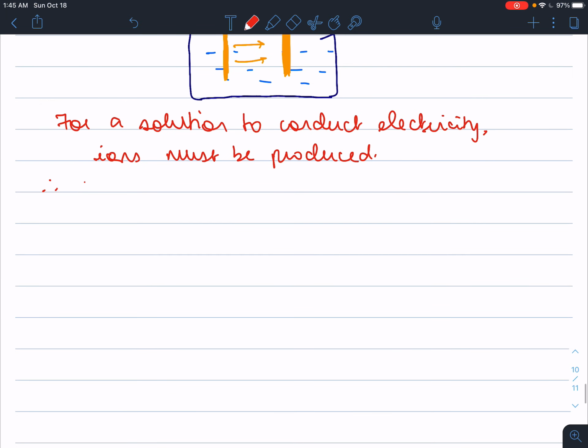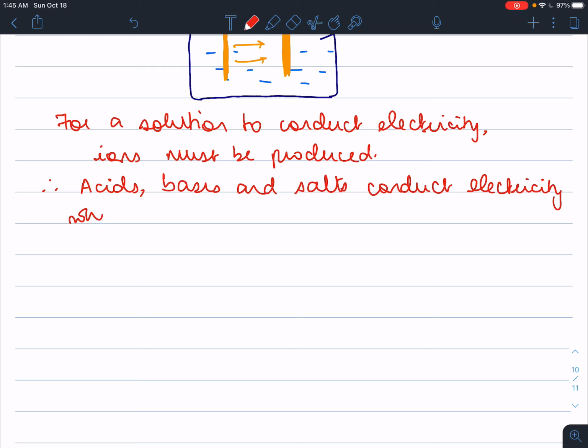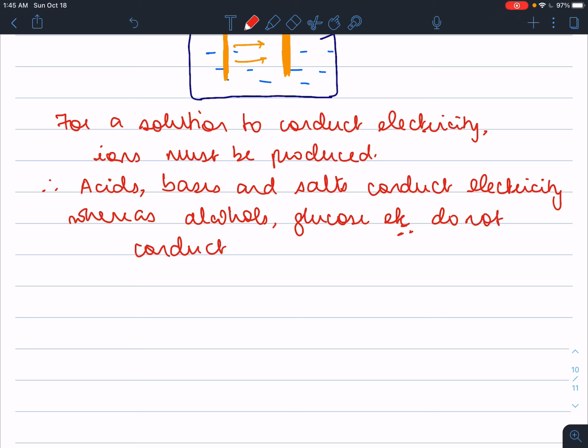Therefore, acids, bases, and salts conduct electricity, whereas alcohols, glucose, etc., sugar, do not conduct electricity in solution.